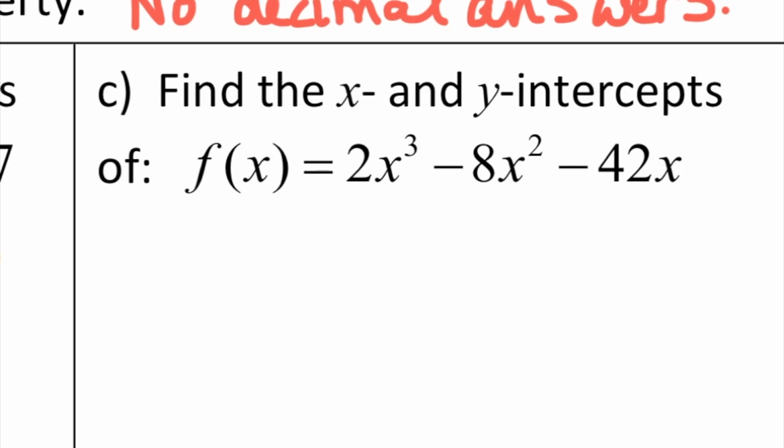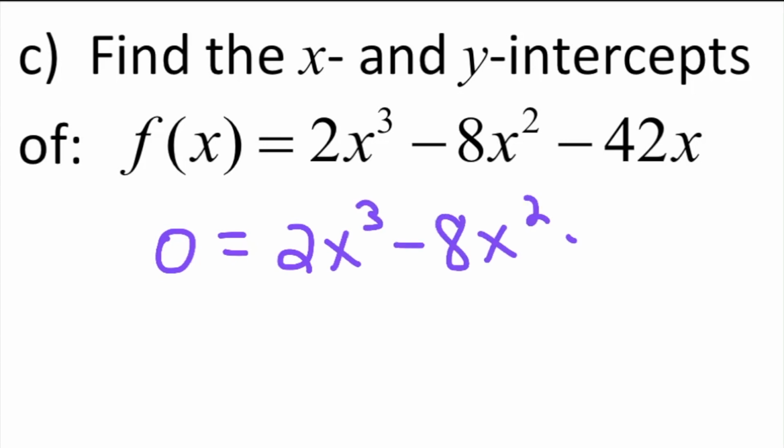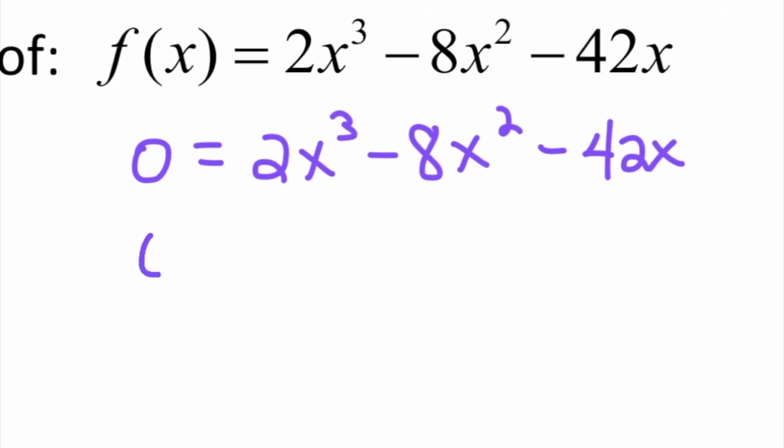And then in letter C, again, I'm going to set the whole thing equal to 0. This is for my x-intercepts. And what's nice about this problem is that you can factor out both a 2 and an x. And that leaves me with a quadratic that does not have a leading coefficient.